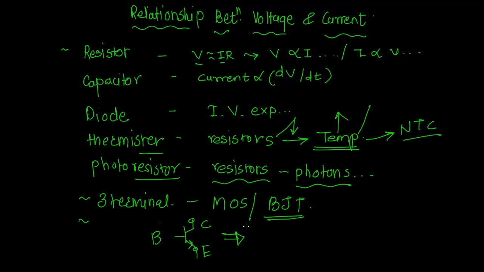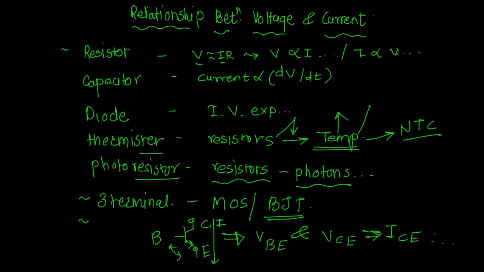In this BJT, the voltage given at points B and E, and the voltage given at points C and E, which is collector and emitter, define the current flowing through collector and emitter. How they are related to each other, we will see in the next lectures.